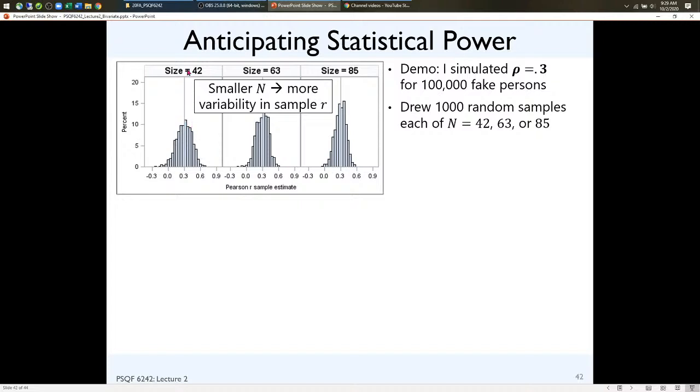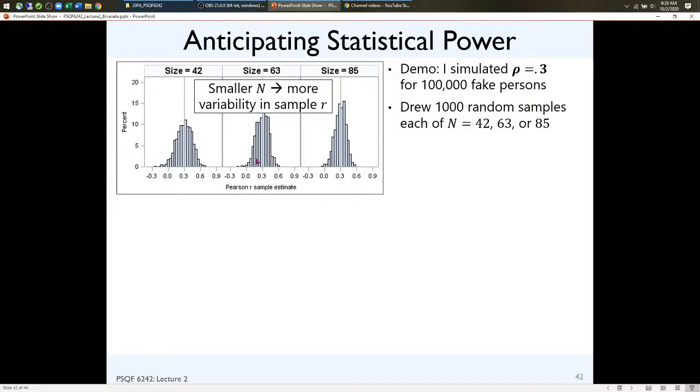And the fewer people that you have, so in a sample size of 42 relative to the others, the more variability there is in what the correlation could be in any one sample. So for 42 people, my sample correlation was anywhere from about 0.7, which is way too high relative to the 0.3 it's supposed to be, all the way down to potentially a negative 0.3. So a lot of variability here in what you would actually get.